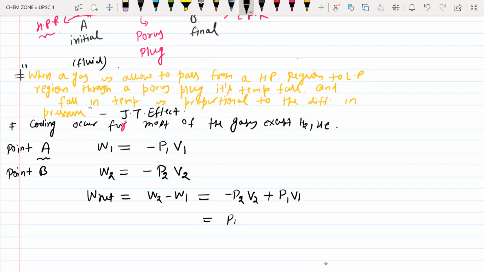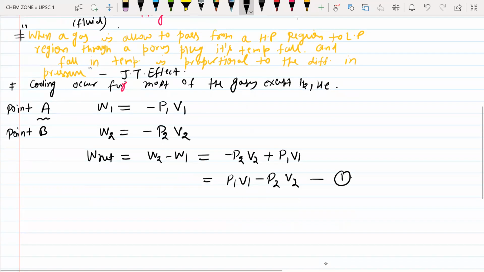We can write this as P1 V1 minus P2 V2. Let us call this equation 1. This is the net work done when we apply pressure P1 to allow the gas to move from chamber A to chamber B, high pressure region to low pressure region.